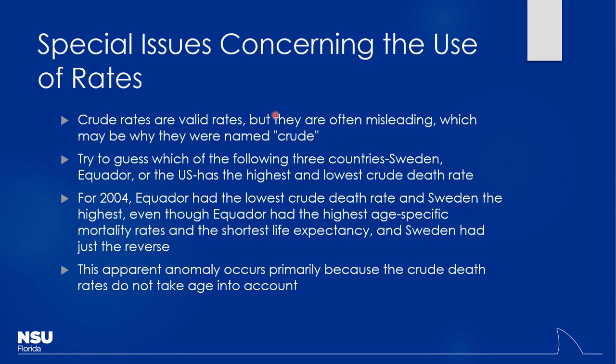So crude rates can be really misleading, right? It can be really tough to say that, okay, well, the rate of death in the U.S. population is X. Would you really care what the rate of death in the U.S. is overall, or would you care about what those specific causes of death are? You probably want to know what the causes are. Why are people dying? Is it because of a bunch of opioid-related deaths? Is it because of automobile accidents? Is it suicide?